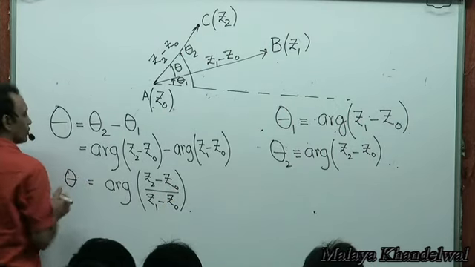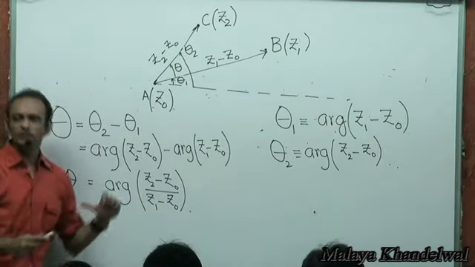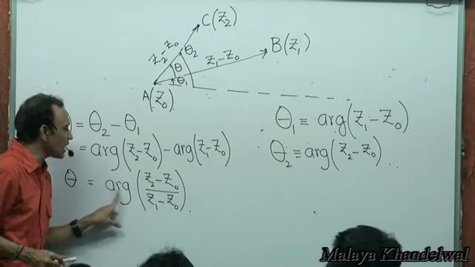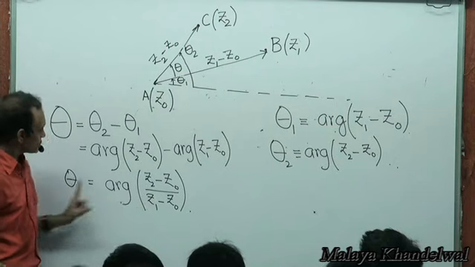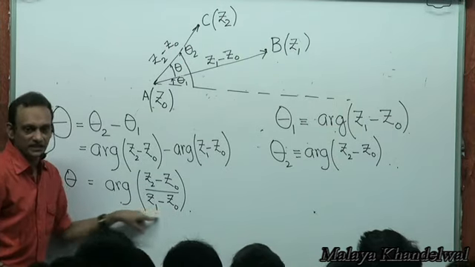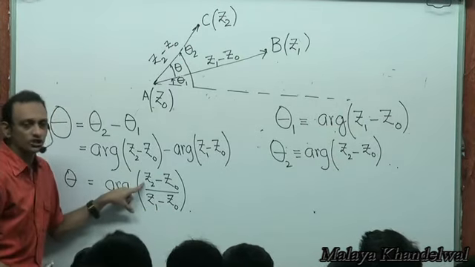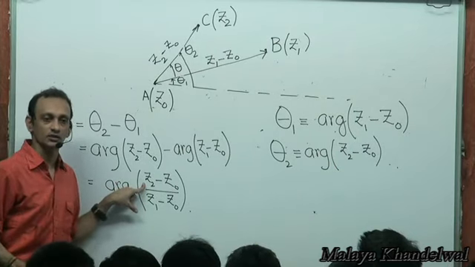Now, this geometry you must understand. What this means is argument of this. This is the denominator vector z1 minus z0. This is the numerator vector z2 minus z0.